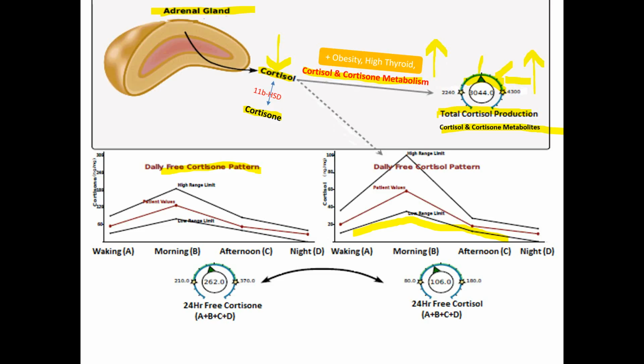Well, what causes increased cortisol clearance? Obesity, high thyroid, potentially long-term exposure to elevated levels of cortisol or cortisol-like medications can increase the body's capacity and ability to get rid of cortisol, which can cause this sort of a result where, again, the free cortisol is lower than the total cortisol overall.